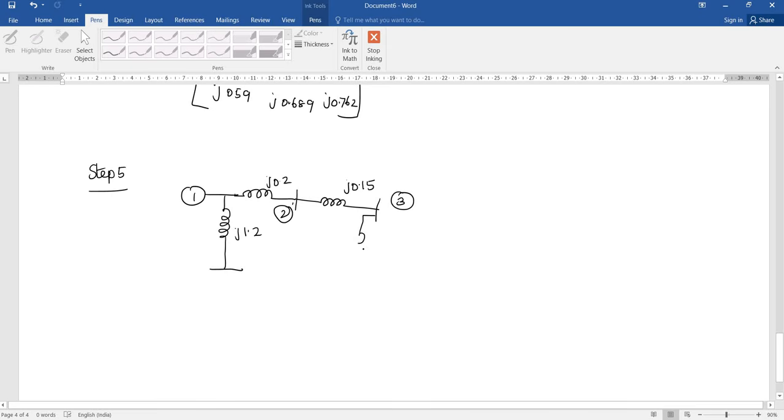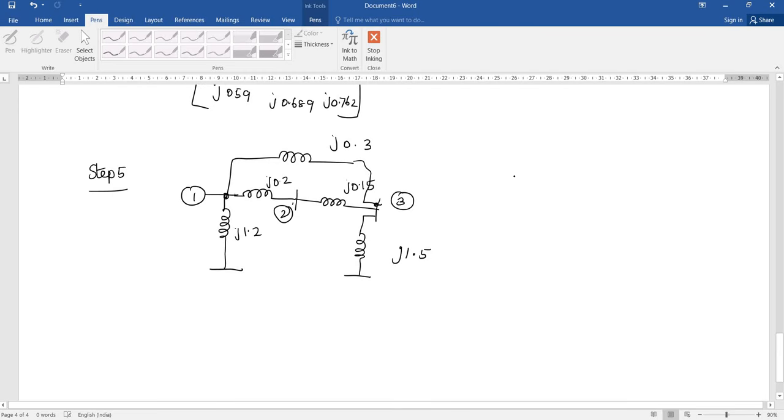Next it is connected to reference bus with J 1.5. Again 1 and 3 is connected by another element, J 0.3. That's all. Now both the buses are old.